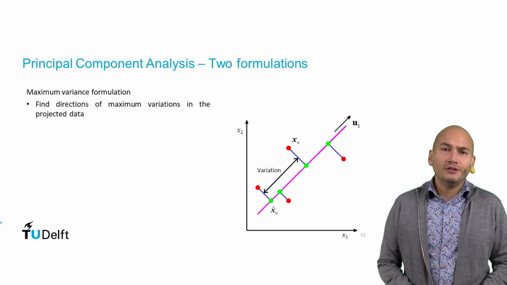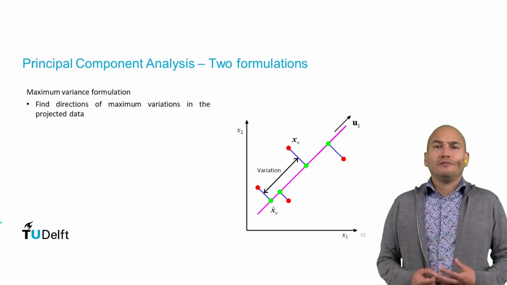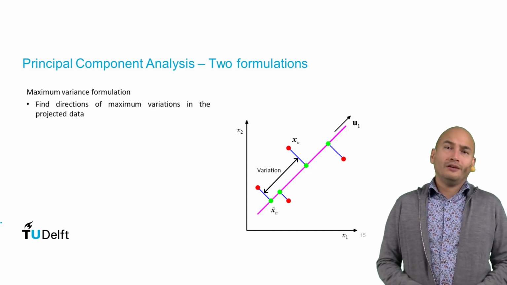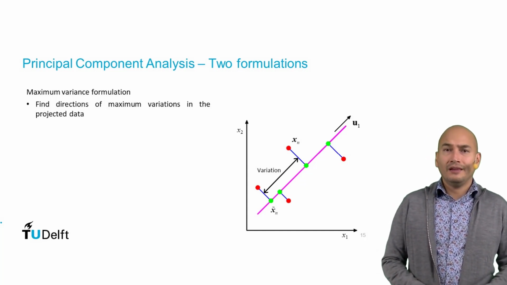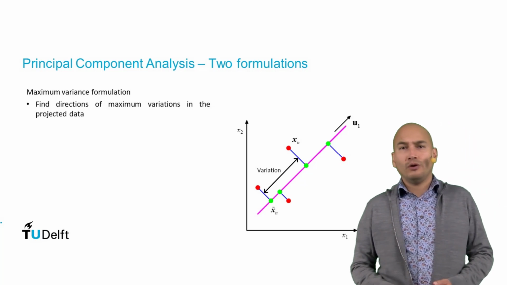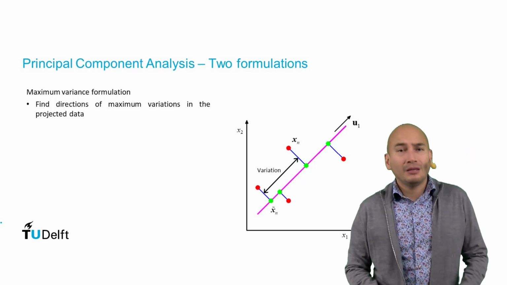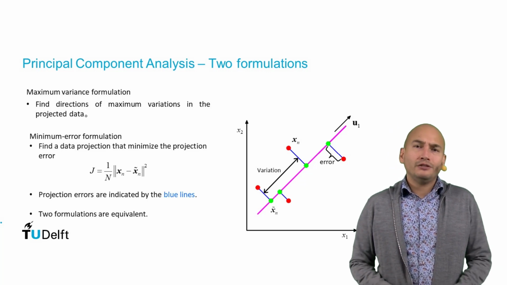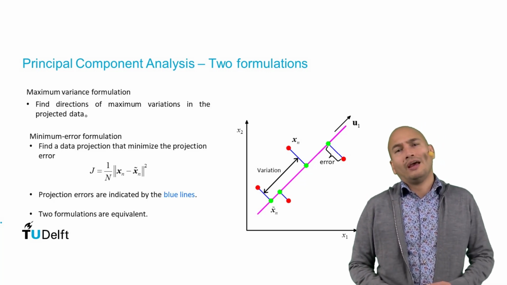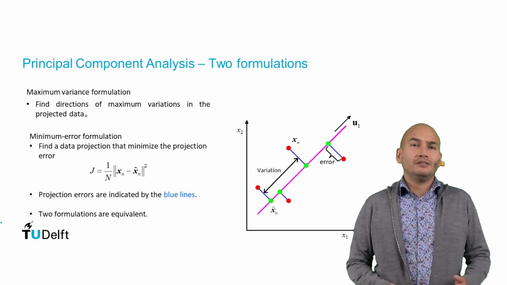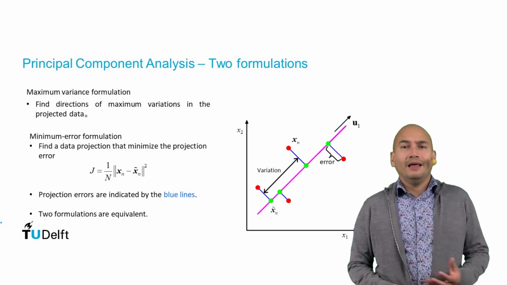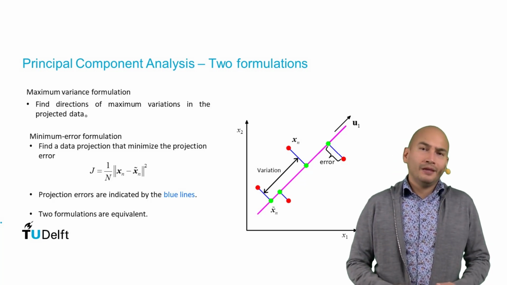In this formulation, we aim to find the direction of maximal variations in the projected data, as shown in the right figure. There is also another widely used formulation of PCA called the minimum error formulation. The minimum error formulation finds a data projection that minimizes the projection error J, which is defined as the average square error between the original data and the projected data.